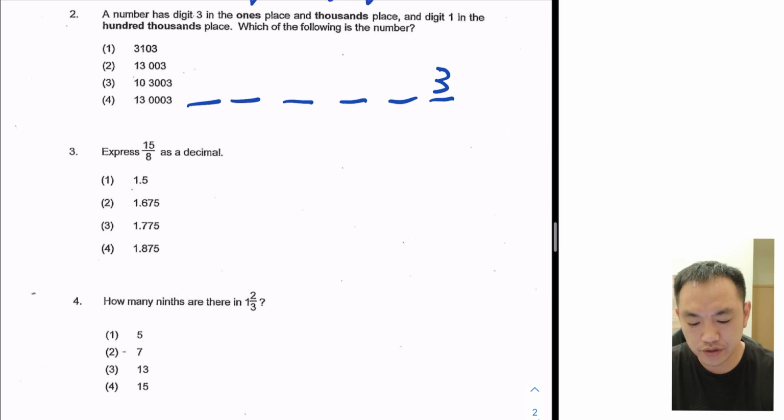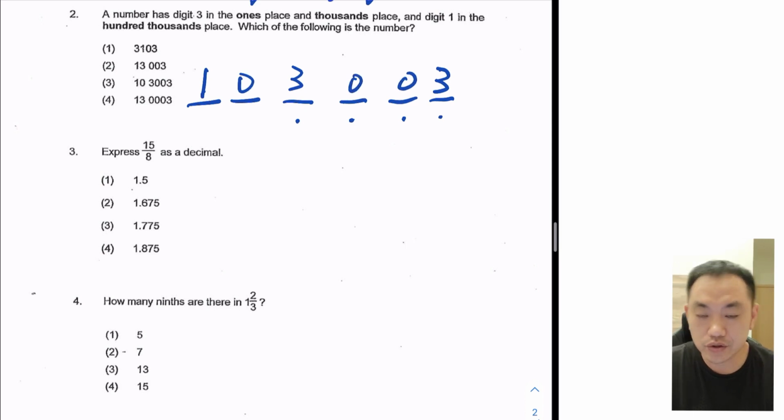So this is ones, tens, hundreds, and thousands. So thousands place here, and then digit 1 in the 100,000. So 100,000 is here. Then all the other numbers you fill in with 0. So the answer is 103003, which is option number 3.